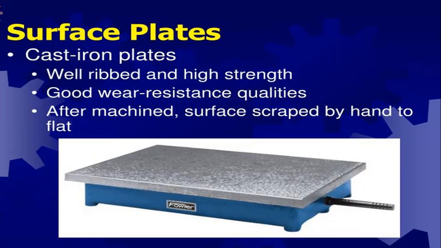Next, after machining, the surface can be scraped by hand to achieve flatness. That is for cast iron plates. In the picture you can see the cast iron surface plate. It is a well finished object.